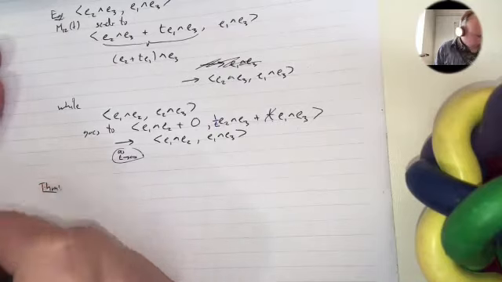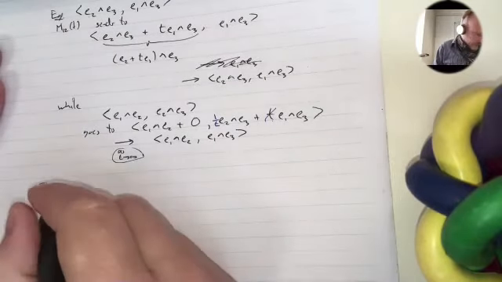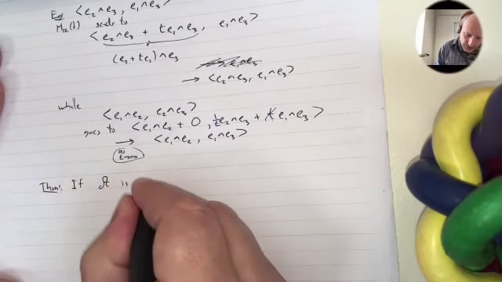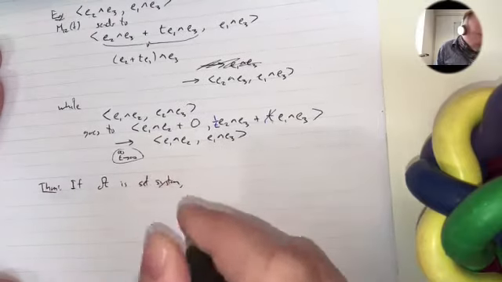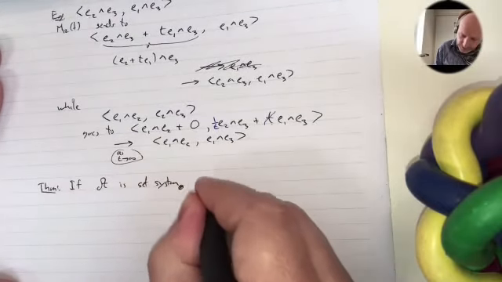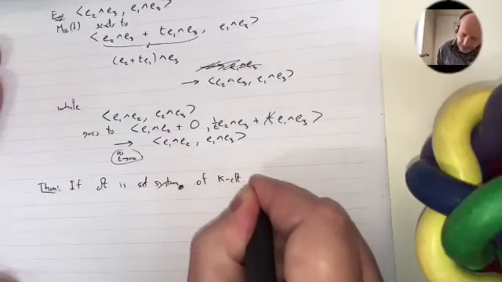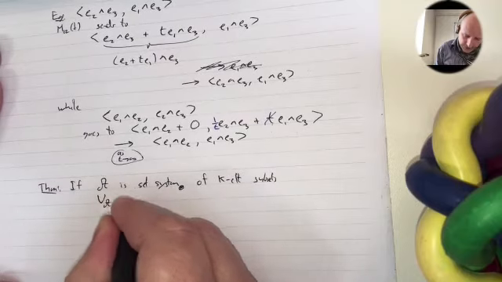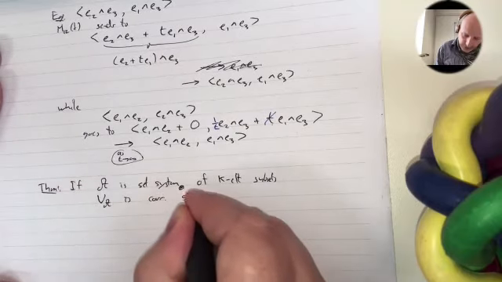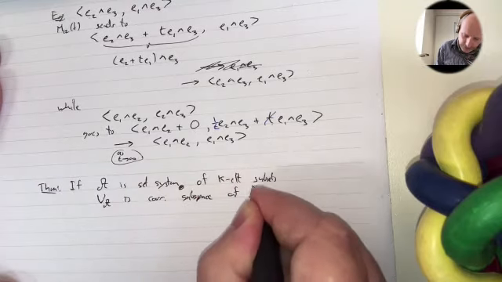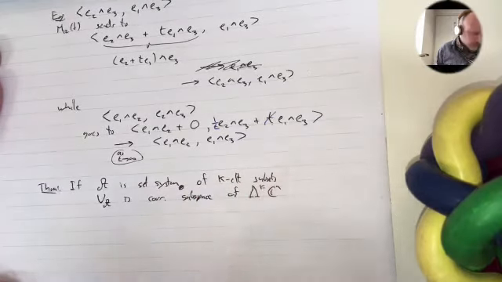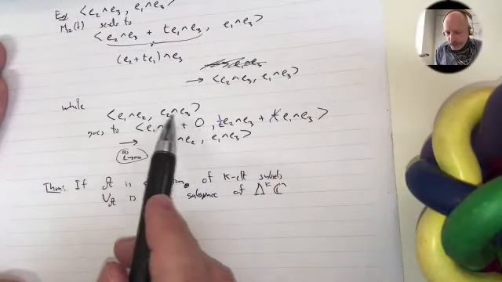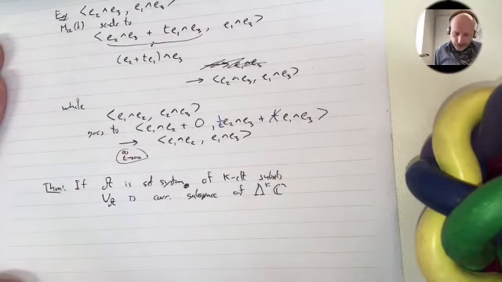So one theorem here is that if I have a set system, let's say a set system of k element subsets, and VA is the corresponding subspace of lambda k Cn as above, where this is corresponding to 1, 2, and 2, 3, set system 1, 2, 2, 3.